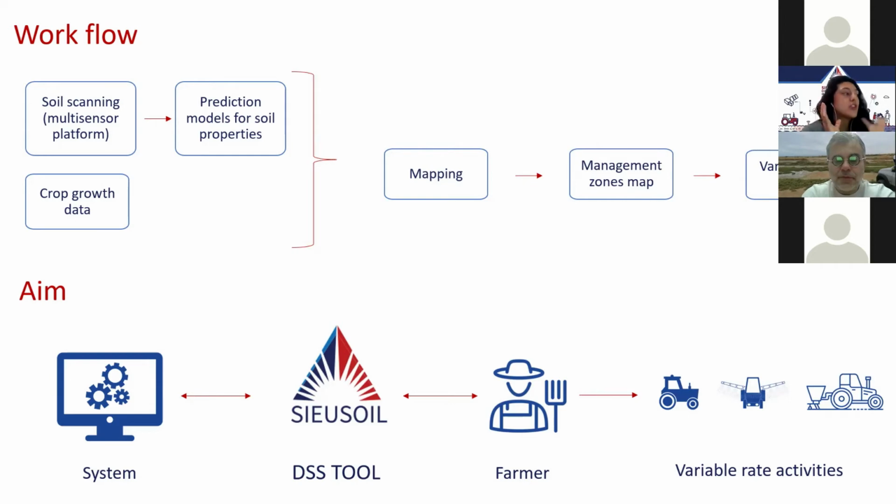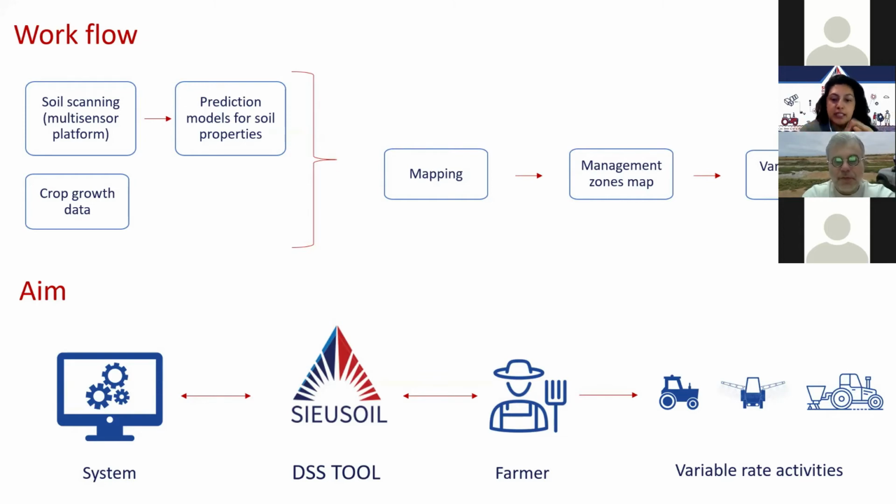So what is the aim of this DSS tool? The decision support system aims to provide the farmer a tool to, first, visualize the status of the field in relation to crop and soil parameters, but also to provide the farmer the variable rate maps or prescription maps that can be used in variable rate machinery.